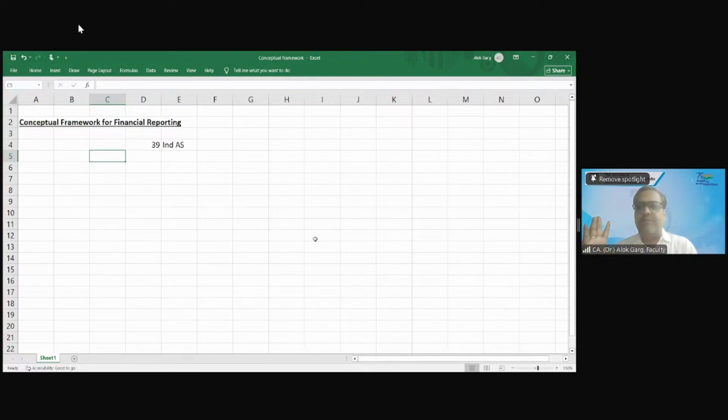At a minimum, out of 39, almost 29 to 30 Ind AS are applicable to Reliance Industries Limited in their consolidated financial statement. So Reliance is one entity and they are using almost 30 Indian accounting standards in their financial statement, right?